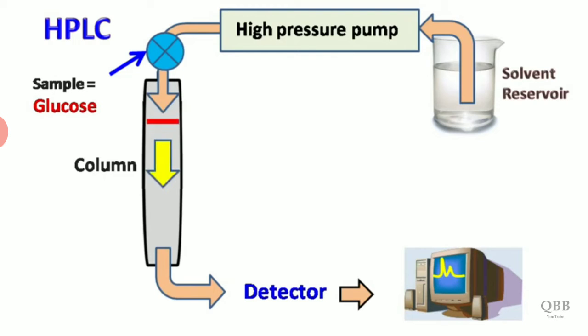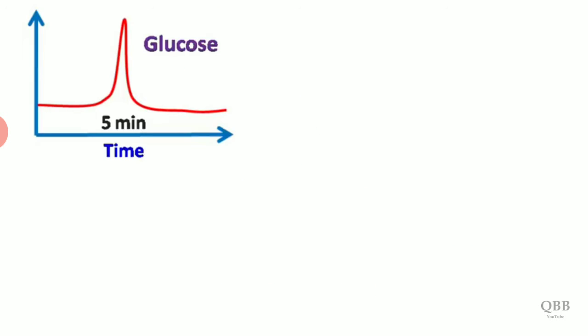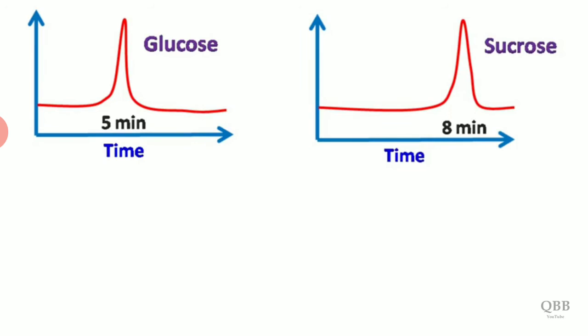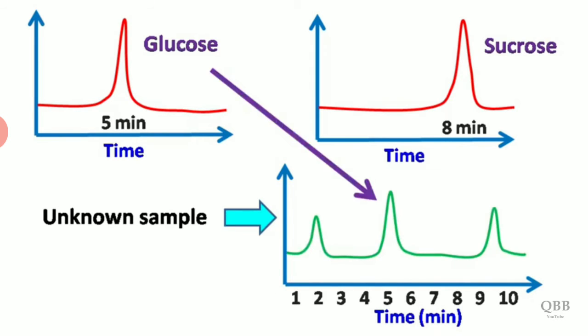Say for example I applied glucose to the column and I have the peak at 5 minutes, and similarly I have injected another sample, sucrose, and I got a peak at 8 minutes. Now I have injected an unknown sample and I got three different peaks at 2 minutes, 5 and, suppose, 9.5 minutes.